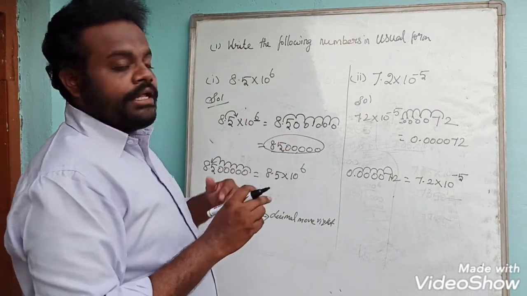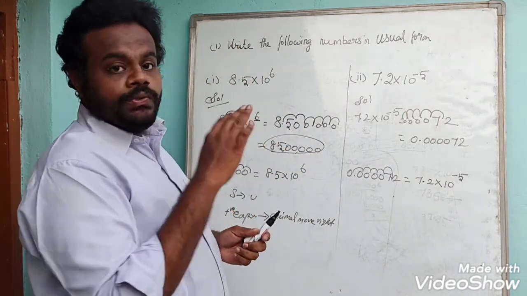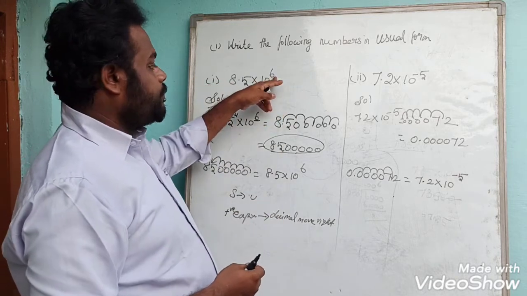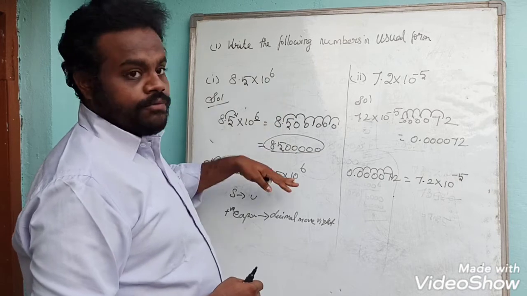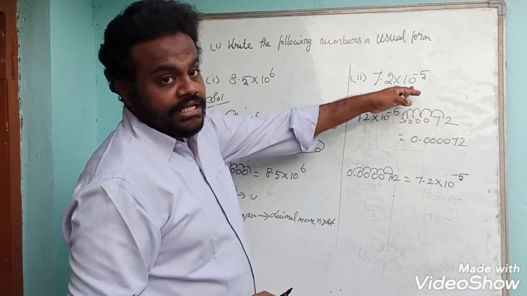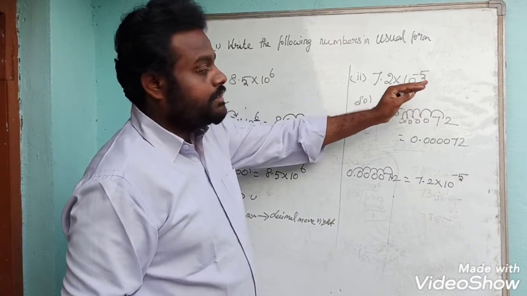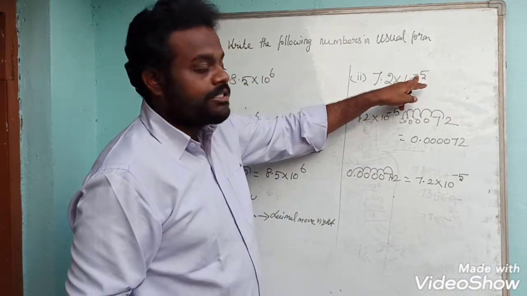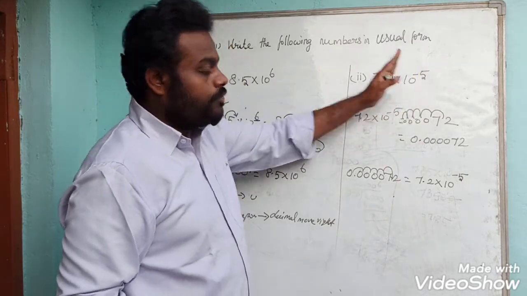So we just take the opposite. Usual to scientific, move to the left, take positive, and move right for usual form. And for scientific notation with negative exponents, you move right-hand side and put the negative exponent, and to usual form, you move left-hand side.